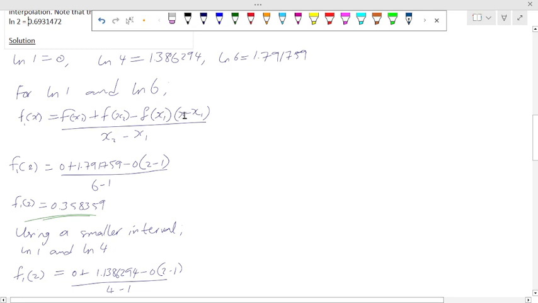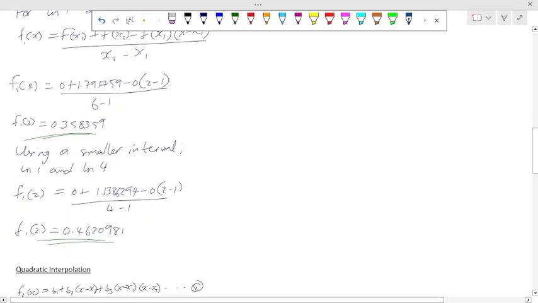Then x minus x1: x is 2, because we are looking for ln 2, and x1 is the lower limit. Then we get this. The denominator is x2 minus x1, upper limit 4, lower limit 1. So we get that. Let's see our answer: 0.46.